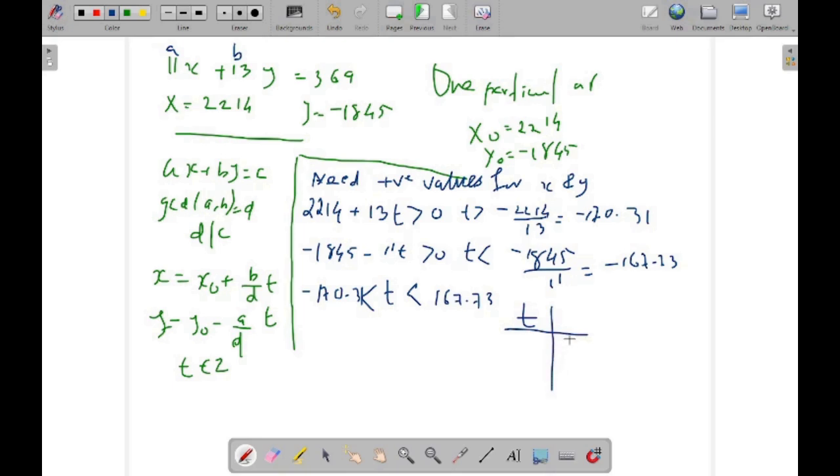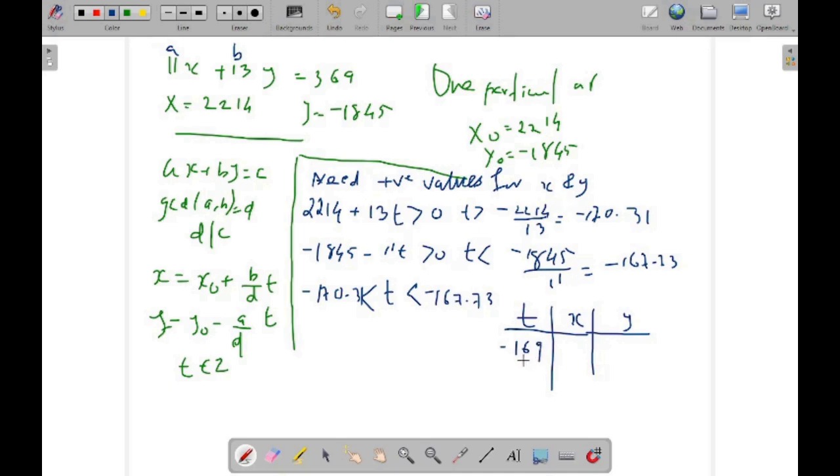For every t we will be getting some x and y. So within this range, let us consider a value minus 169.